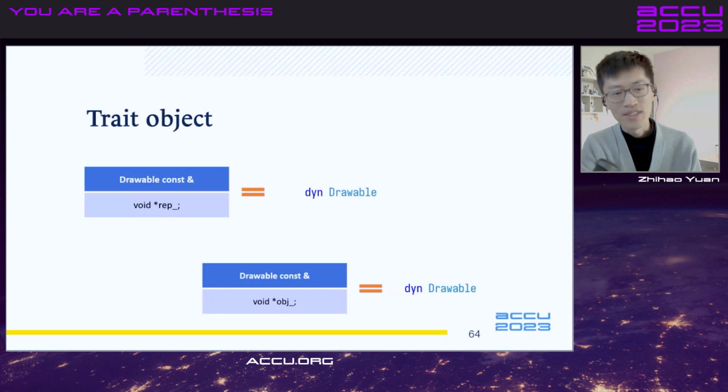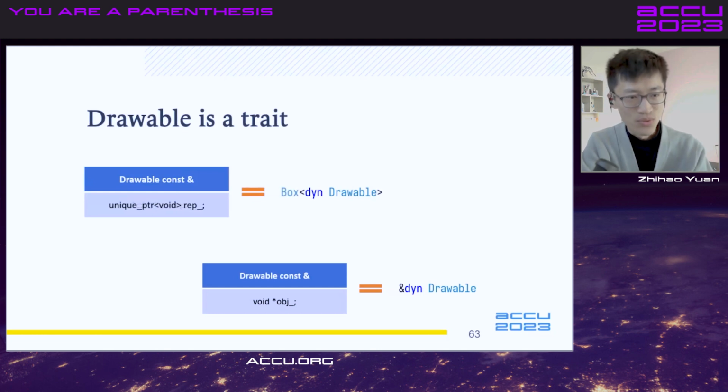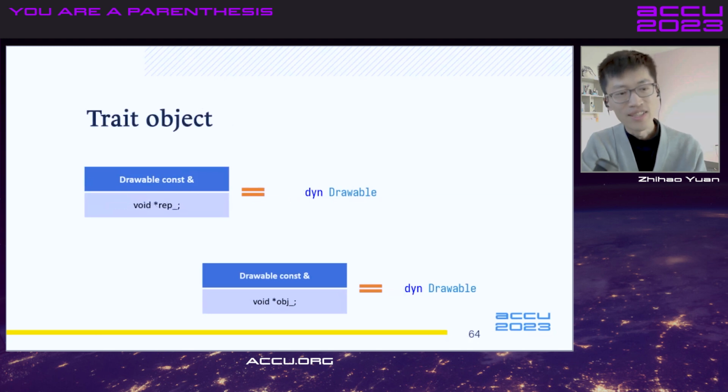A trait object is the shared data between these two things. The shared data is a vptr that points to a trait vtable, followed by a raw pointer that points to the object.